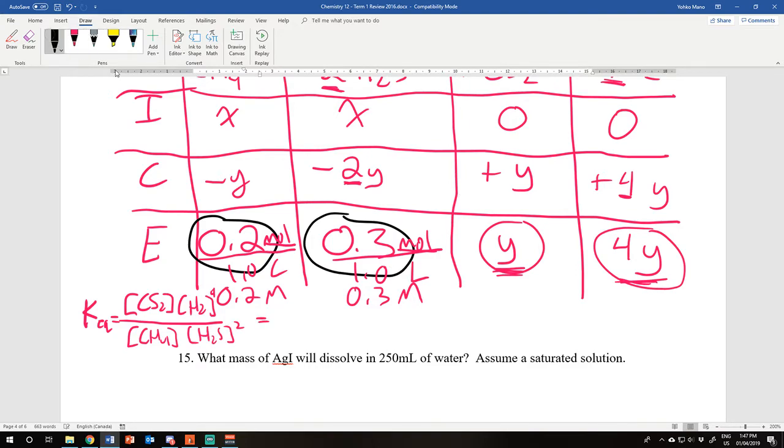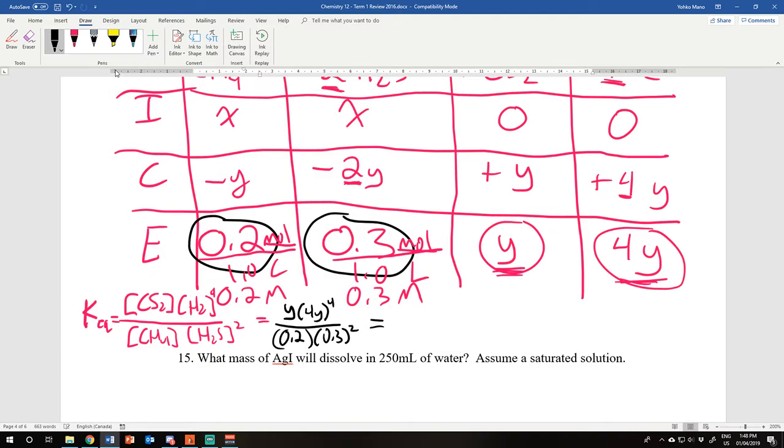Putting in some numbers, CS2 is going to be y, the concentration of H2 is going to be 4y to the power of 4, and then the concentration of CH4 is 0.2 and the concentration of H2S is 0.3, but that'll be squared.